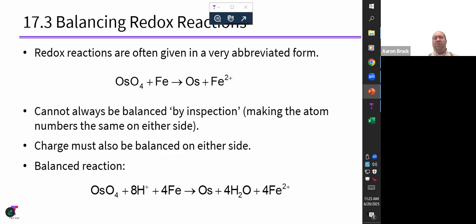Now, one thing that we did not talk about in Chem 105 is we never asked you to actually balance these redox reactions. The reason we never asked you to balance them is partly because, one, it's difficult, and two, there was really no need or application for it for what we were trying to do.